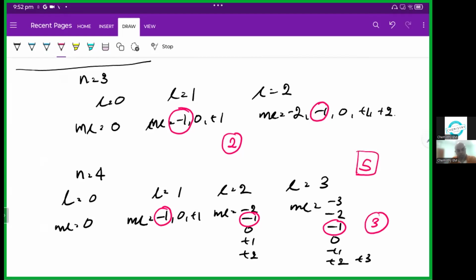When n is equal to 3, ml is equal to -1 occurs on two occasions. When n is equal to 4, ml is equal to -1 occurs on 3 occasions.